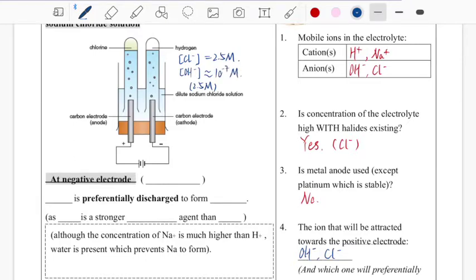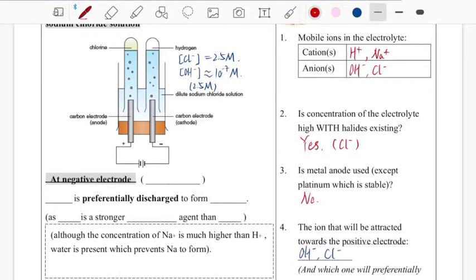So you can see there is a significant difference between the chloride ion concentration and hydroxide ion concentration. That means at the positive electrode, there are so many chloride ions around it, so chloride ion will have a very high chance of losing electrons here. It's much more likely to react when compared to hydroxide ion, which only exists in a tiny amount. So it's the chloride ion, which exists at a high concentration, that would preferentially discharge.